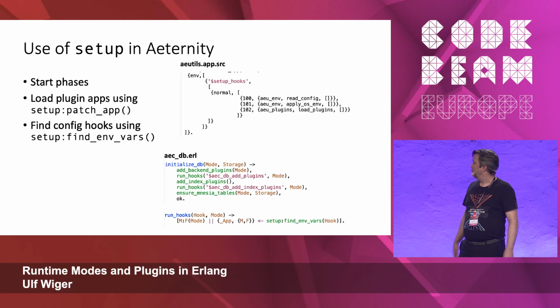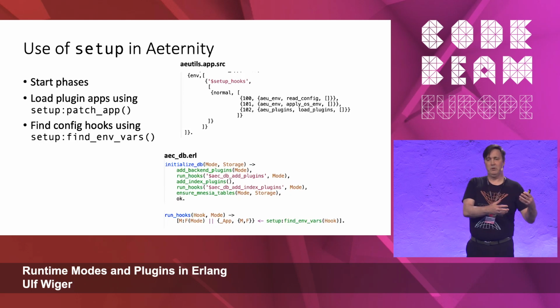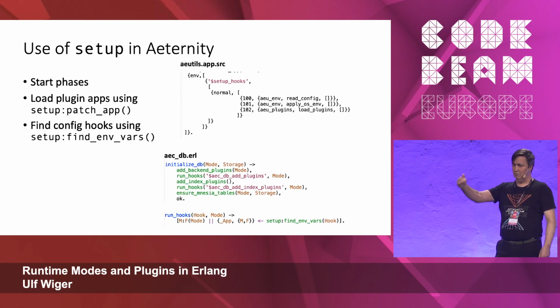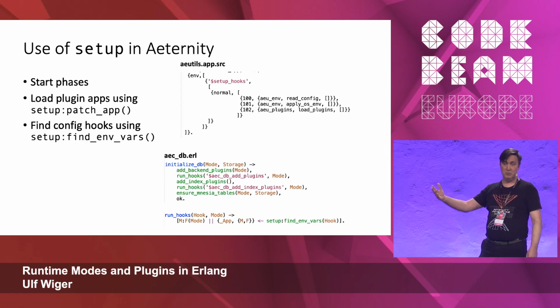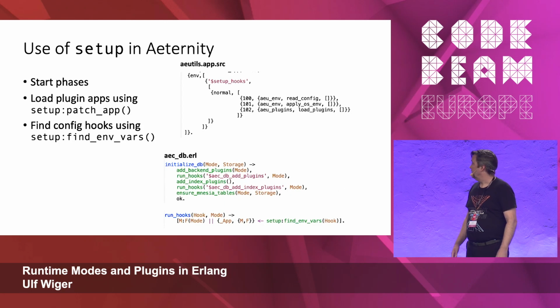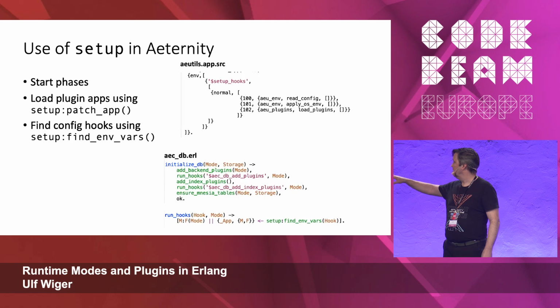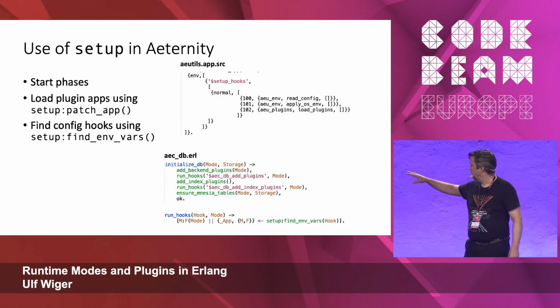And then we added the load plugins start phase. It looks into the configuration files to see if there is a plugin that should be loaded, and then you just have a plugin directory root where it's supposed to be. So fairly simple. Another place where we use setup is when we initialize the database; it says add backend plugins.